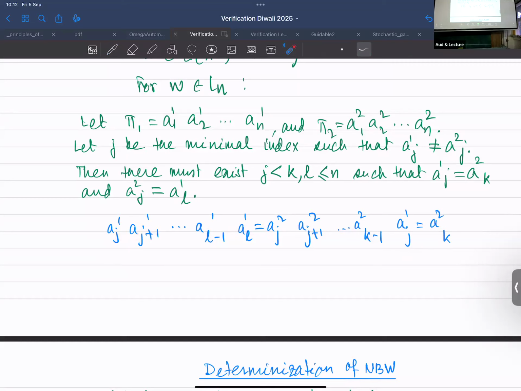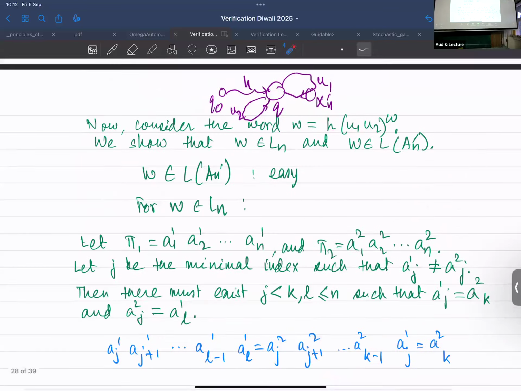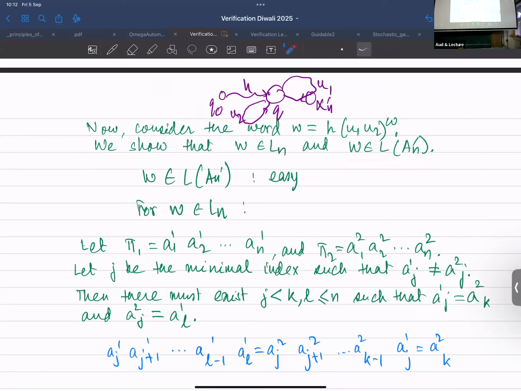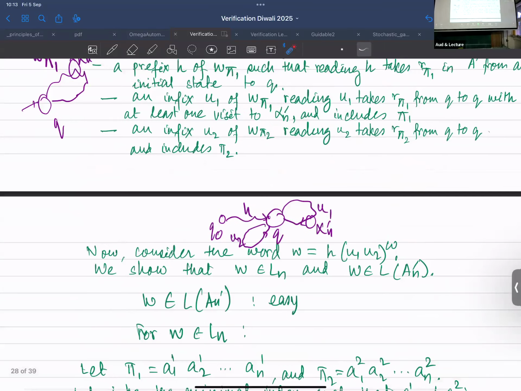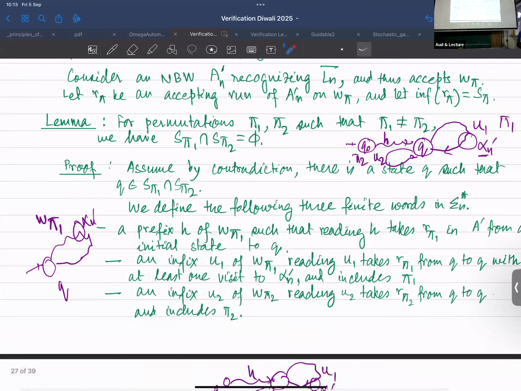So this word belongs to Ln. The word w belongs to Ln, as well as the word w is accepted by the complement automaton we were considering, which gives a contradiction. Why do we have the contradiction? Because we assumed by way of contradiction that there is a state q which belongs to both S pi 1 and S pi 2.